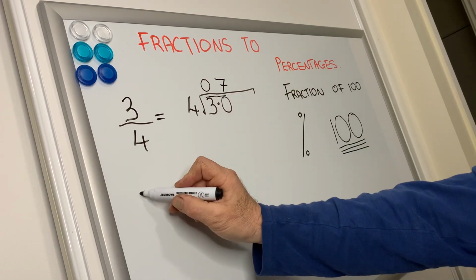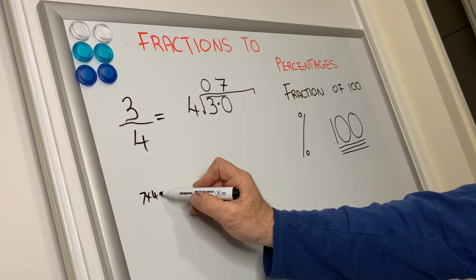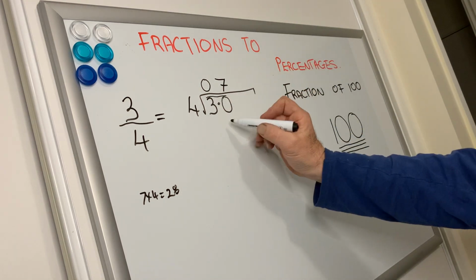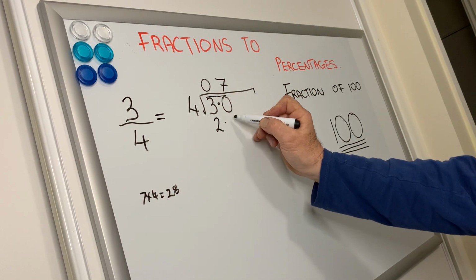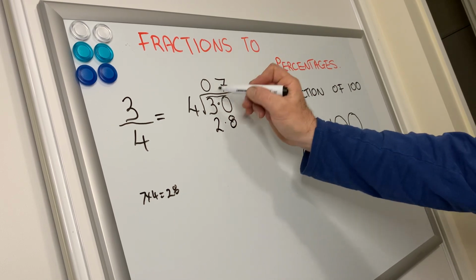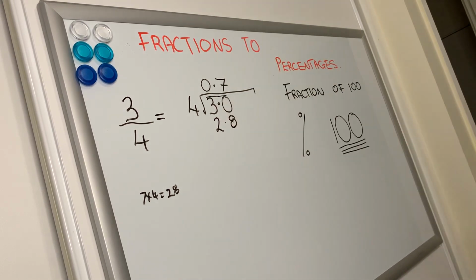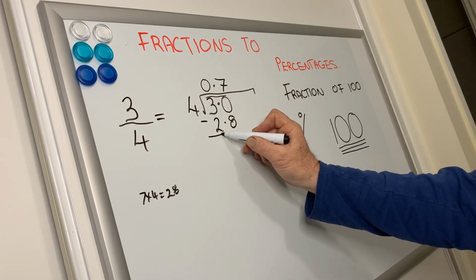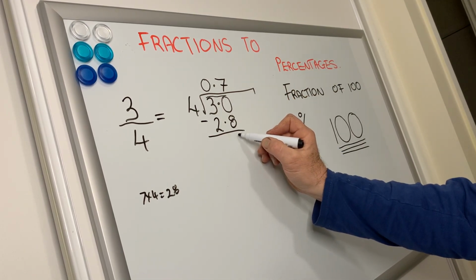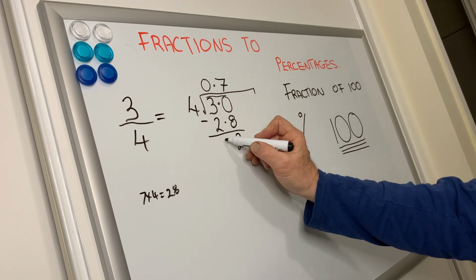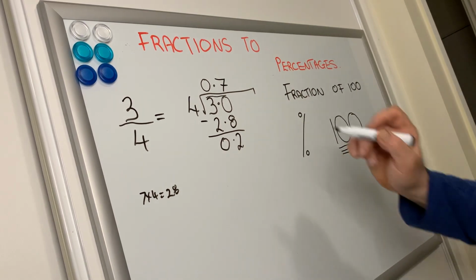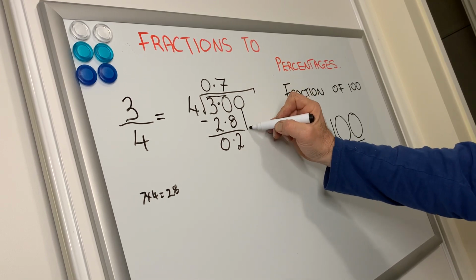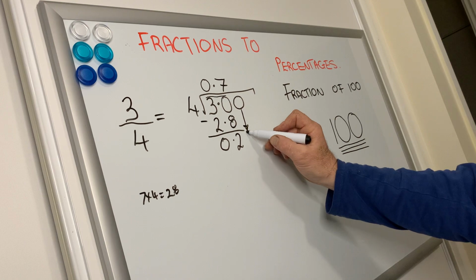7 times 4 equals 28, and 0.7 times 4 is 2.8. So 3 take away 2.8 is 0.2. Again, we place another 0 there, then that 0 comes down.